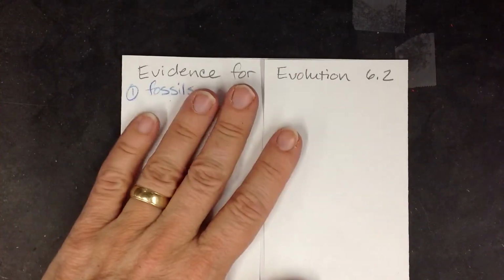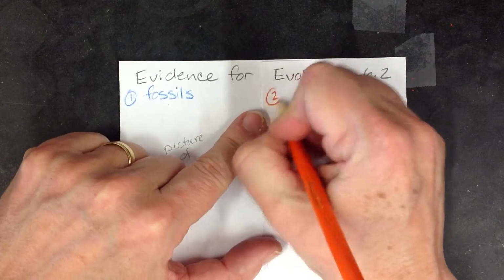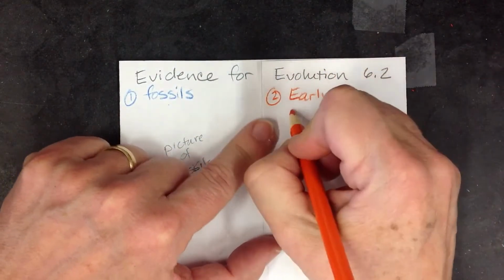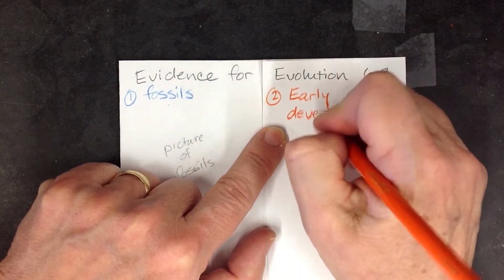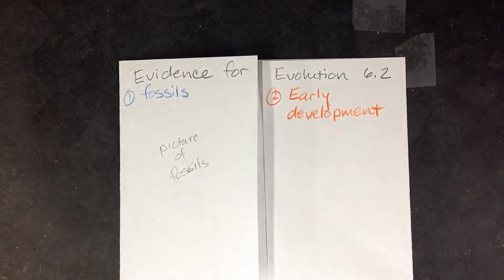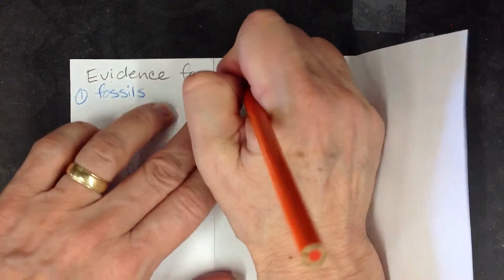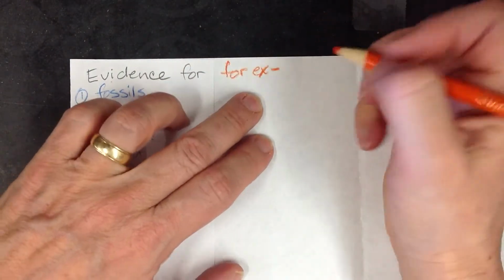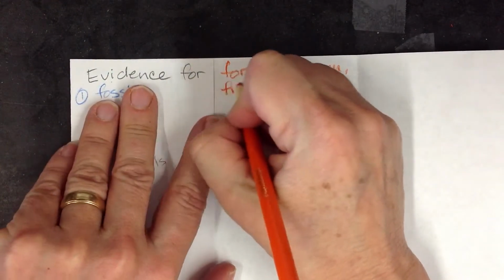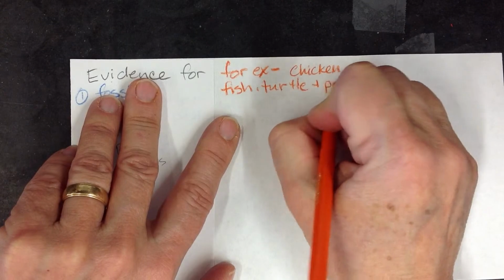The second piece of information, and let's go ahead and use orange for this, is early development. And we're going to start off right away with an example. For example, the chicken, fish, turtle, and pig.